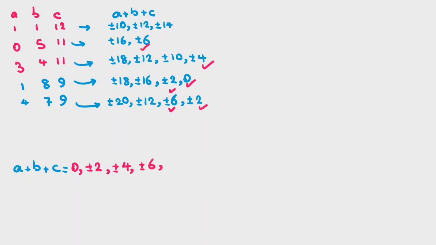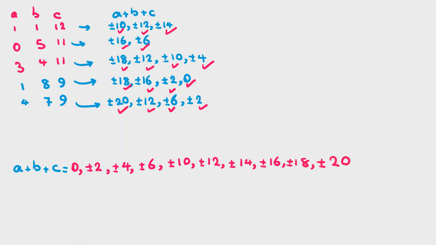And the next one, plus minus 10, plus minus 12. Plus minus 16, 14. Let's write first 14, plus minus 14, and then plus minus 16, and plus minus 18, and the last one, plus minus 20.